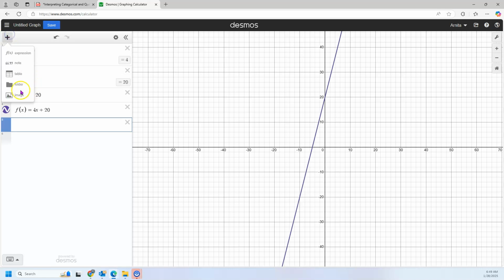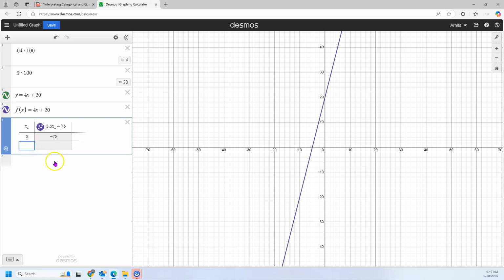So I'm going to add another table here, right? And what did we say? We said 3.5 x sub 1, okay, minus 75, okay? So I'm already starting off 75 in the dark, right? And then here I am, if I sell one apple, I made $3.50, but I'm still in debt $75.